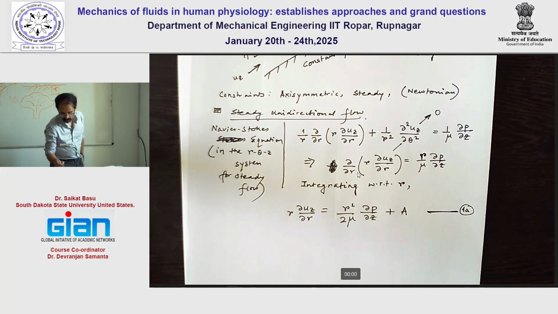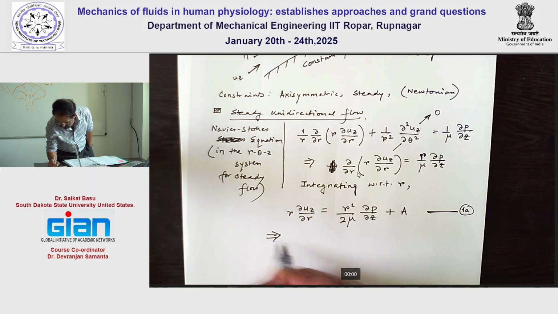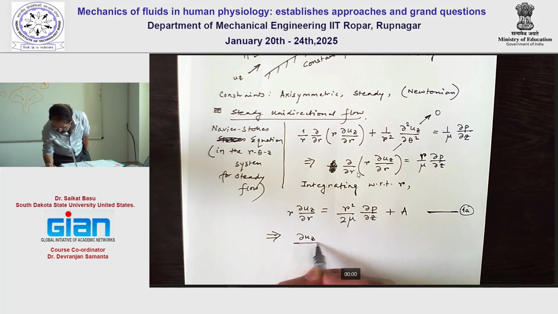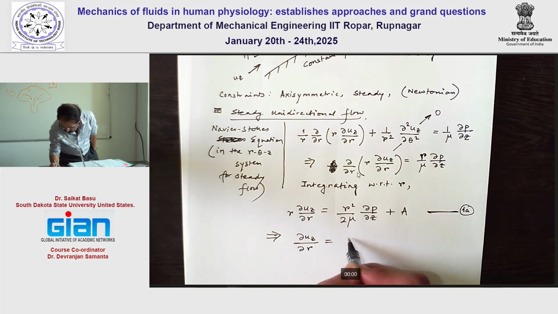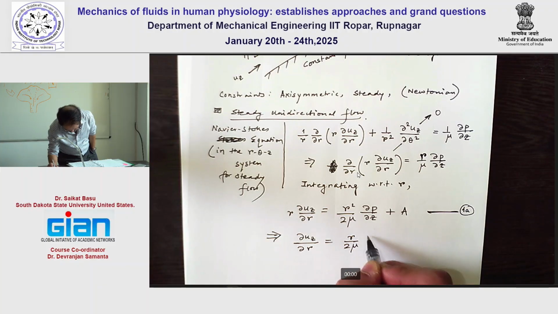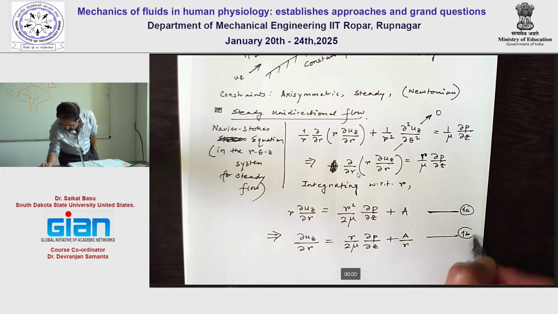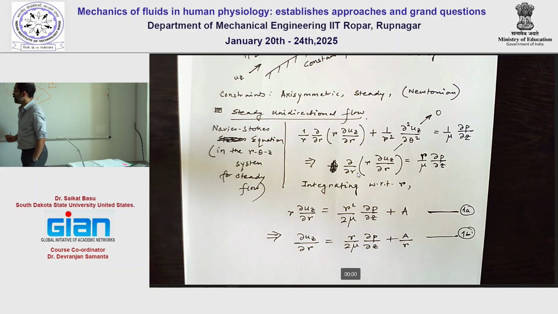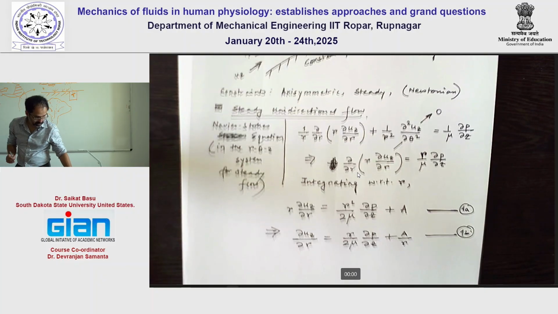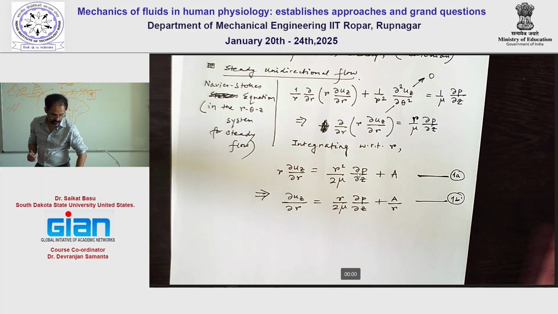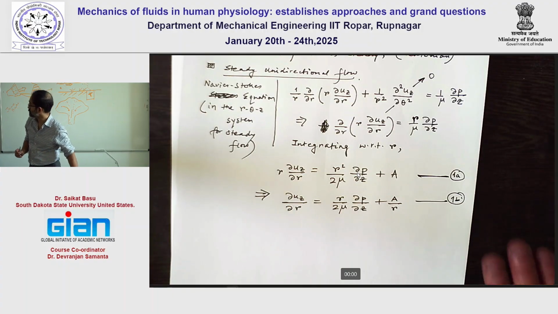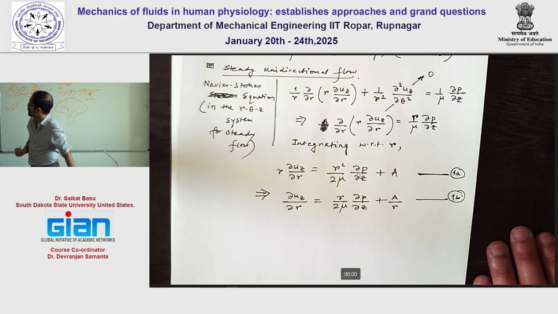Now let's isolate this derivative again. So del uz/del r is r over 2 mu, del p/del z, plus a over r. What I'm trying to get at is basically a formalism for the flux q for this system. For that we need to first get the velocity, so we have to do one more layer of integration.